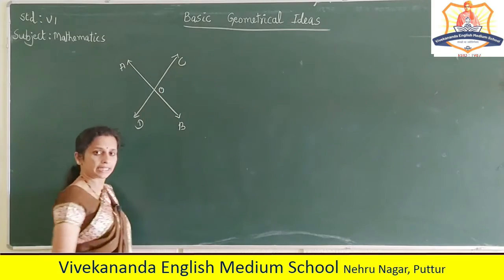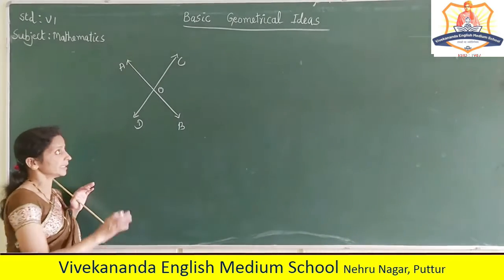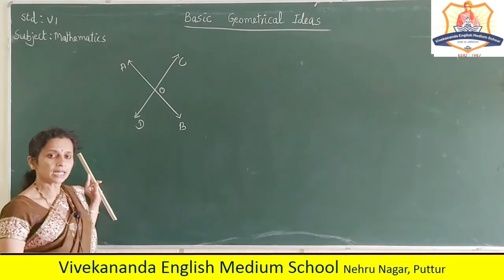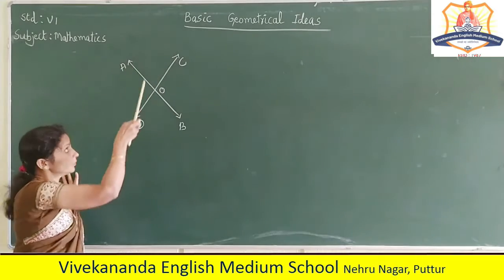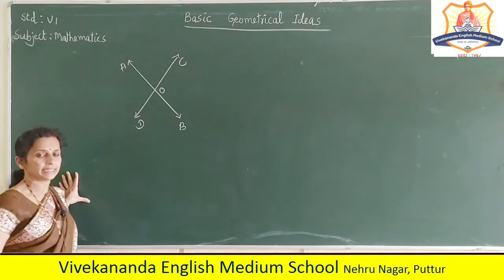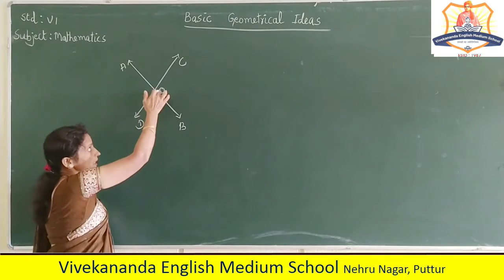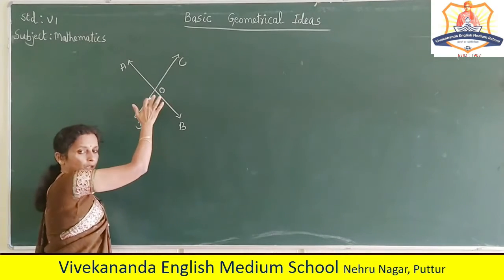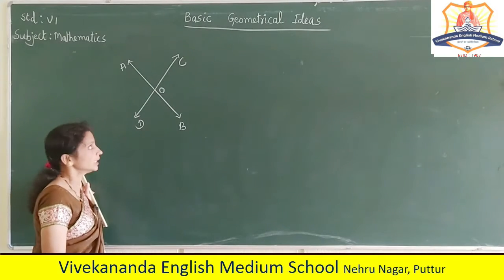When they intersect at the point O, here we are getting angles. Now can you name which angles are formed when these two straight lines intersect? O is the point where the two lines intersect, or we call that point O the intersecting point.